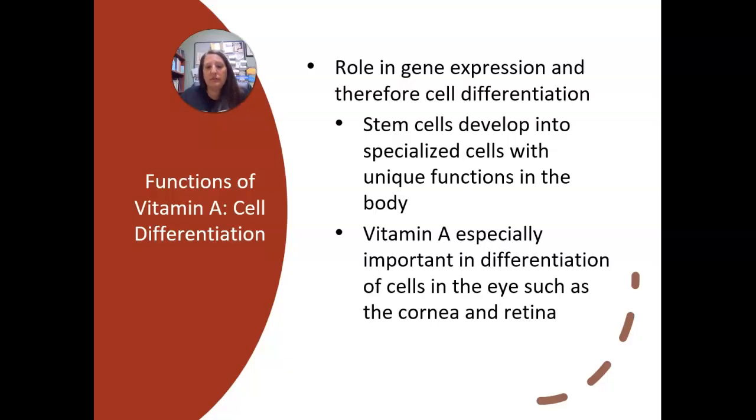How? So it plays a role in gene expression. So certain genes are turned on in certain cells, which causes them to develop into a specific type of cell with a specific job in the body. Okay, vitamin A has been shown again to be extremely important in this process, especially in areas such as the eye, specifically in the cornea and in the retina of the eye.